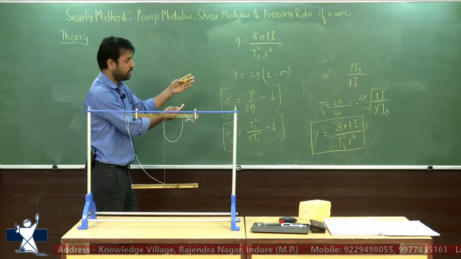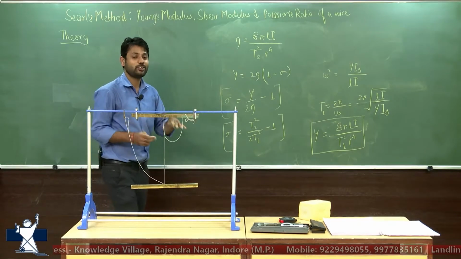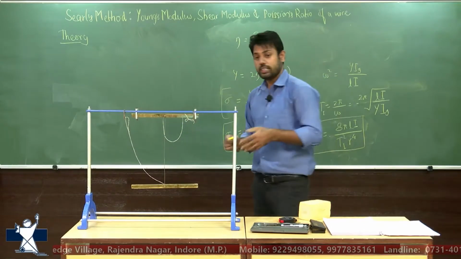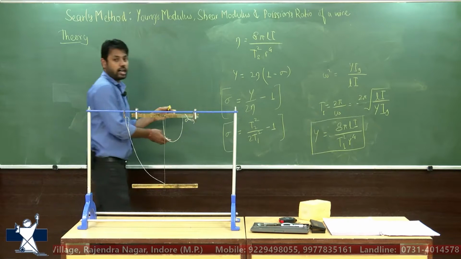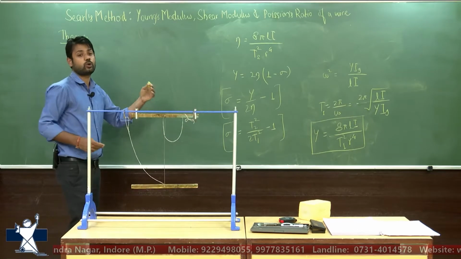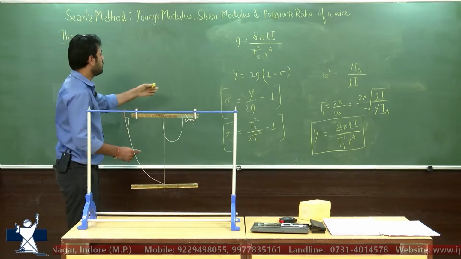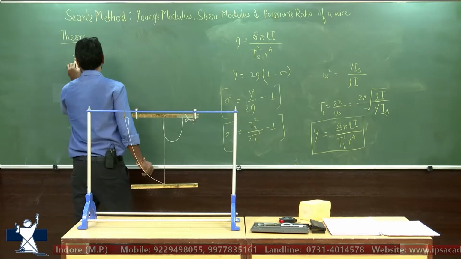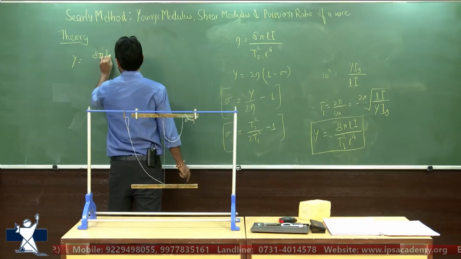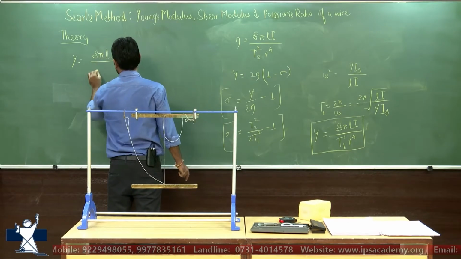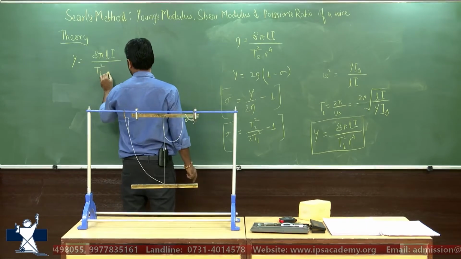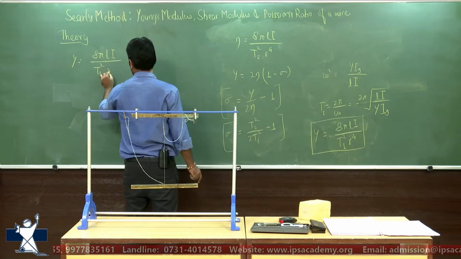how they are derived. Okay, so you always need to remember how many concepts we are using, how many quantities are involved in this measurement. That's why I have discussed all these quantities like simple harmonic motion, moment of inertia, rotation, and then your Young's modulus. So Young's modulus is given as 8 pi L I by T1 square into r to the power 4.